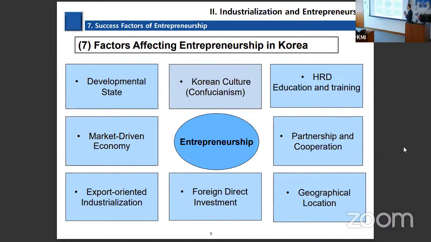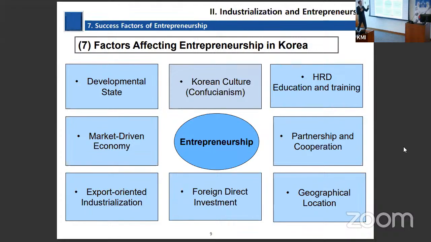First of all, the developmental state. If you have studied economics, you know how government can drive the economy, like Singapore, Taiwan, Korea, and even Vietnam and China. We call it a developmental economy. A developmental state means that the government is driving the economy. And Korean culture, which some people already mentioned.